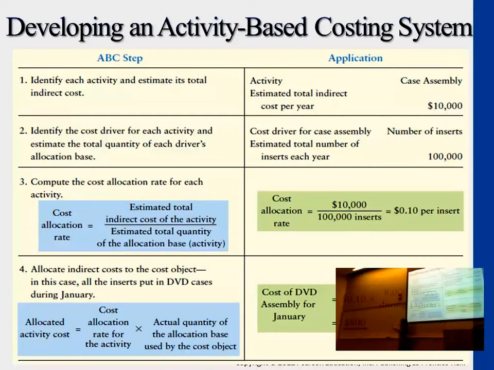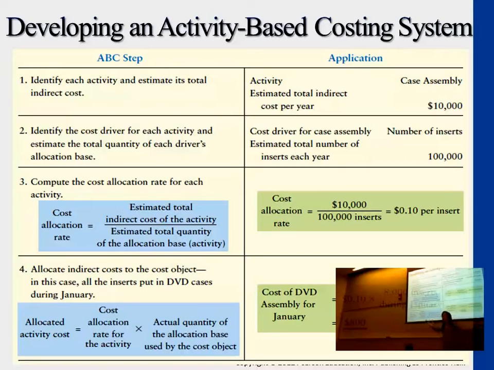So machine hours would be used for DVD burning. For case assembly, how many inserts are needed at the end will trigger the case assembly costs. For setup costs, the more batches ordered, the more setup costs incurred. You determine the driver and estimate the total quantity of those drivers. The third step, you calculate cost allocation rates. Fourth, multiply by actual quantity.